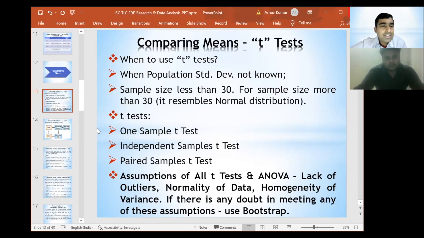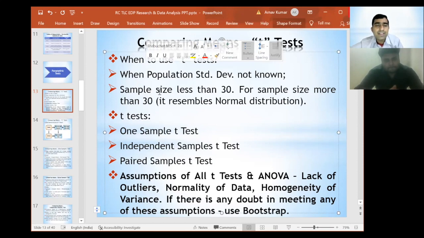So the broad thing that I'm telling you is that for comparing means we use t-tests. Immediately you would ask why we use t-tests, why we do not use the z-test, for example. This is a very common thing. I think all of you are aware of when to use t-tests.